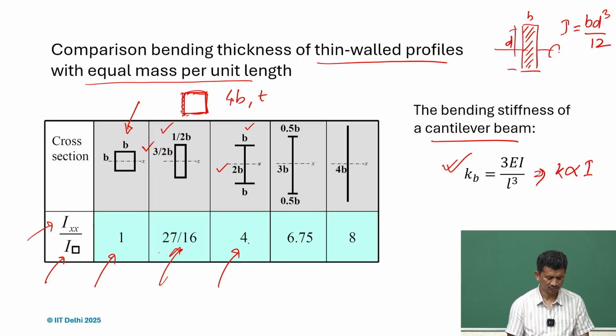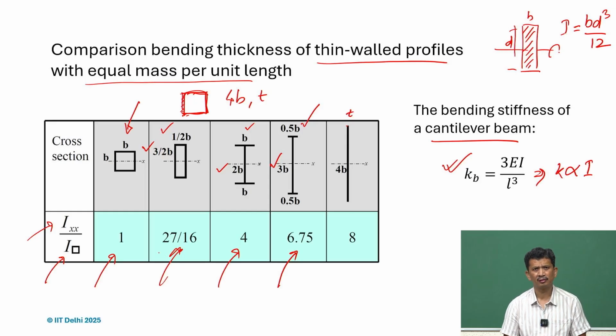It is an I section, and in this case it is 4 times higher than the square section. If we push it further and limit the width to 0.5 b, and the height is 3 b, it has increased to 6.75. And suppose we make it a straight thin sheet, with thickness T and total height 4b, then compared to the square cross section, it is 8 times higher.